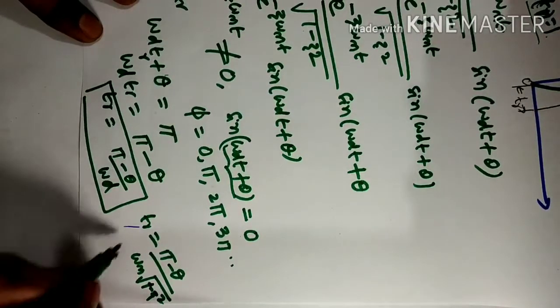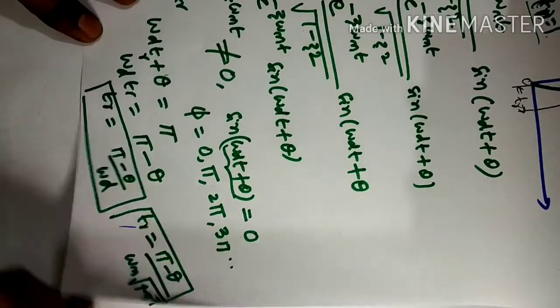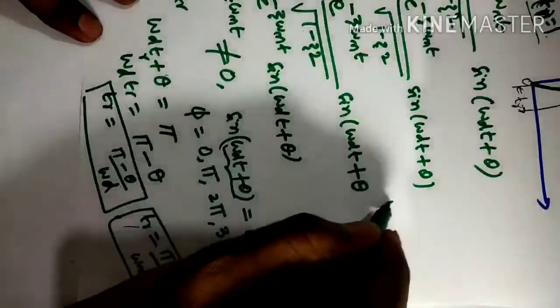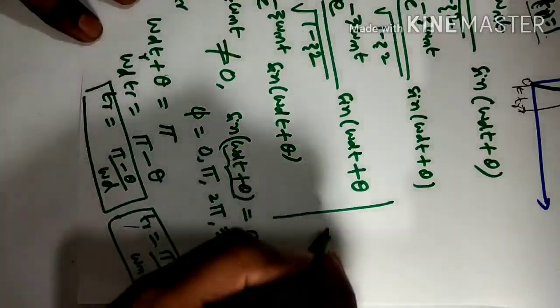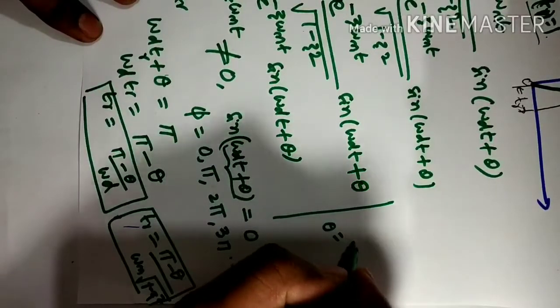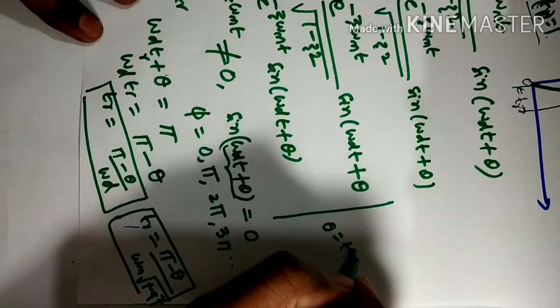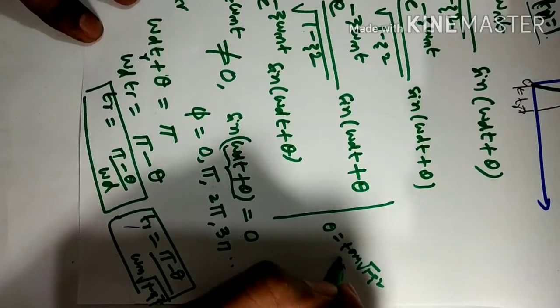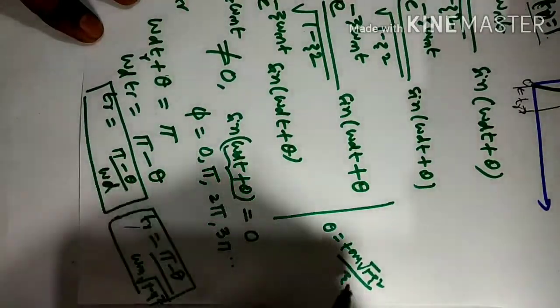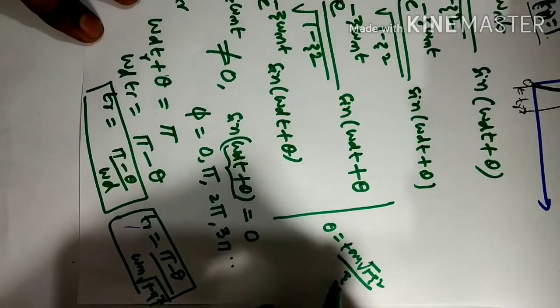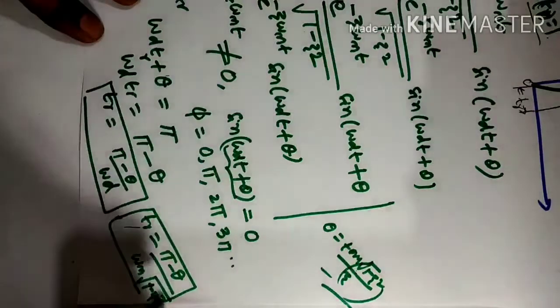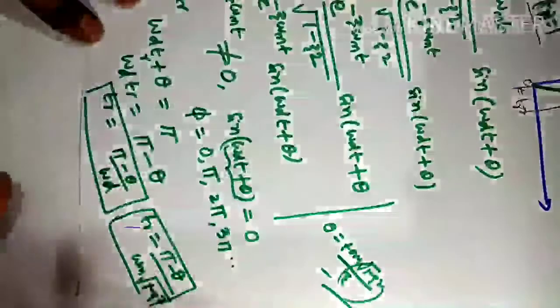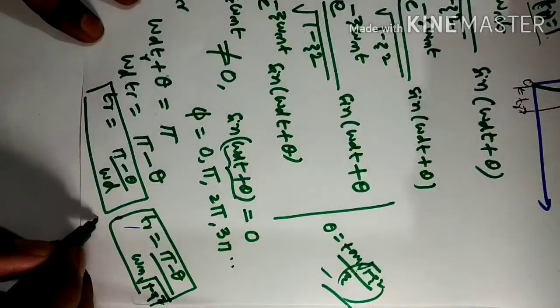You know that theta is equal to tan inverse of root of 1 minus zeta square by zeta. This is the expression for rise time.